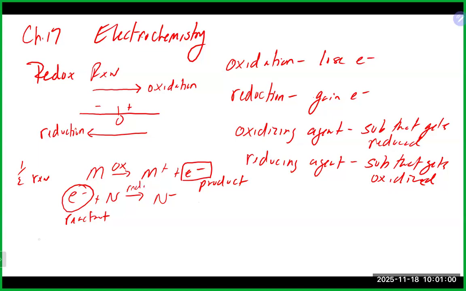And we can add the half reactions back together. Remember that when we do add the half reactions back together, the one main thing we want to make sure of is the electrons should completely cancel out, because that's really what's happening in these reactions. However many electrons somebody loses should be the amount of electrons somebody gains. So they should always cancel out. Now, in some cases, you may have different numbers of electrons in each half reaction.